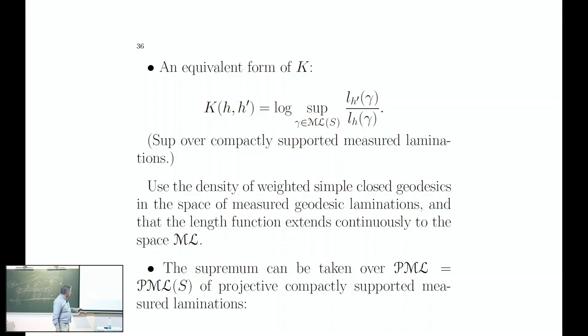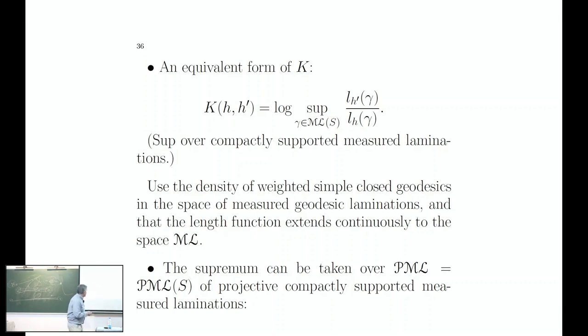Now the third thing is that I can replace the space of measured geodesic laminations by the projective measured geodesic laminations, that is, measured geodesic laminations defined up to a constant, because the same constant will appear here, and it cancels.